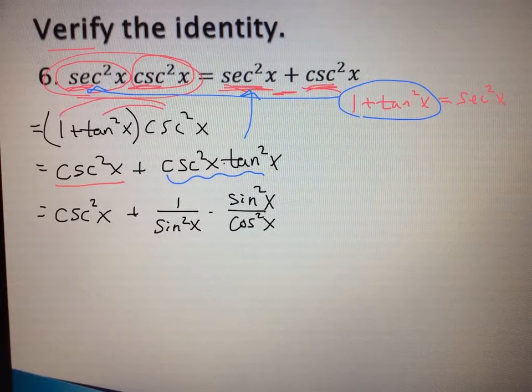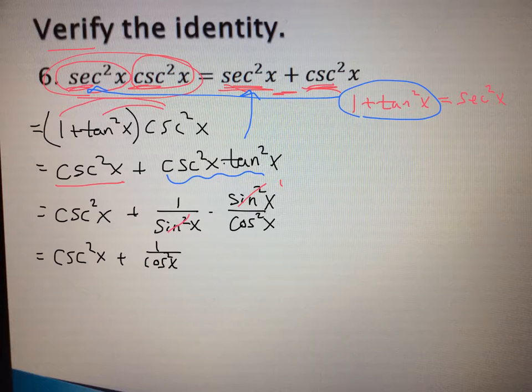So at that point, I see that we have some canceling that's going to happen. This sine squared of x is going to be divided by this sine squared of x, and that's going to divide to 1. So simplifying, we get cosecant squared of x plus 1 over cosine squared of x.